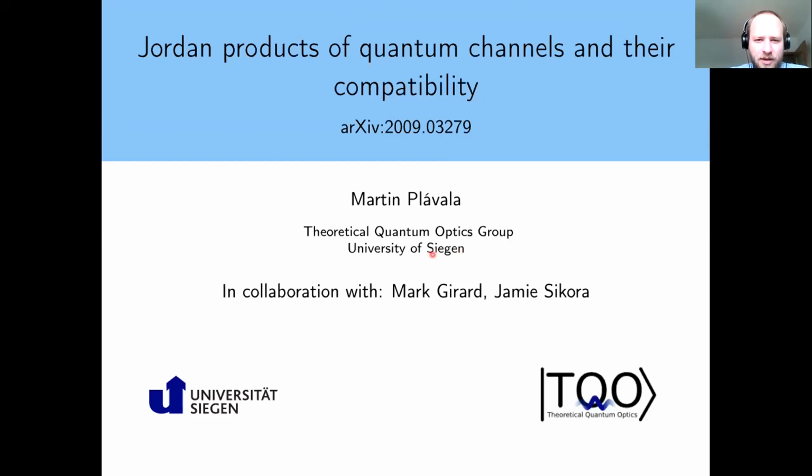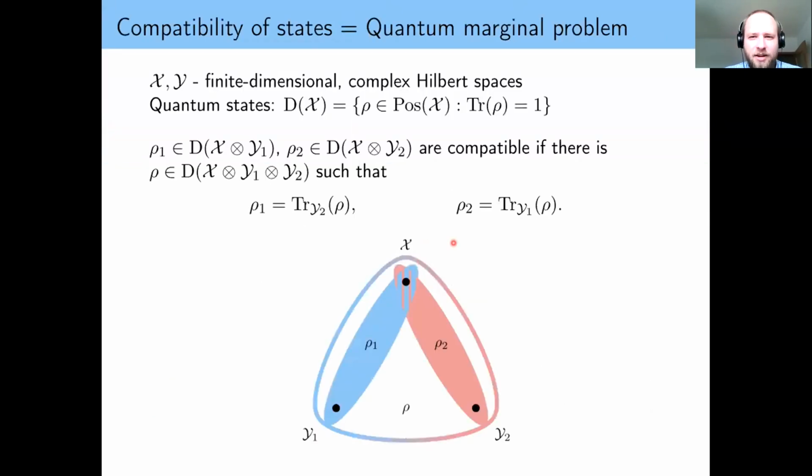The first thing that we have is compatibility of states. A small disclaimer: this talk is only about quantum theory, so no operational theories here. We have finite dimensional Hilbert spaces, and quantum states, which are density matrices on the Hilbert space. Now we define the problem of compatibility of states, which is basically the quantum marginal problem, as follows.